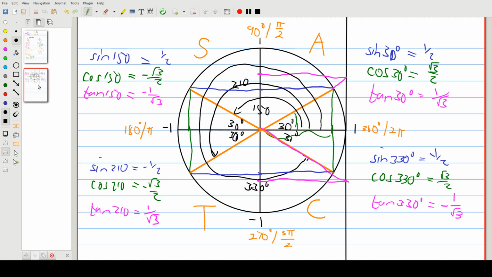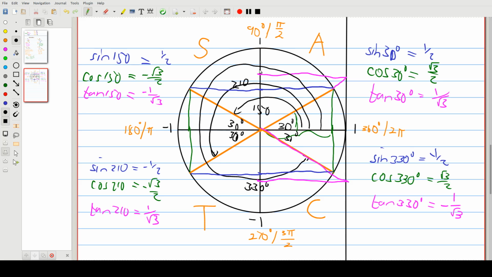Okay, and one last point I want to make before we end this short video is just to see what happens as we move from 0 all the way around to 360 and then start the cycle again. What happens to the different ratios? Well, if we had sine of 30, we saw the value was a half. If we increase it to maybe 45 degrees, the sine value will increase.